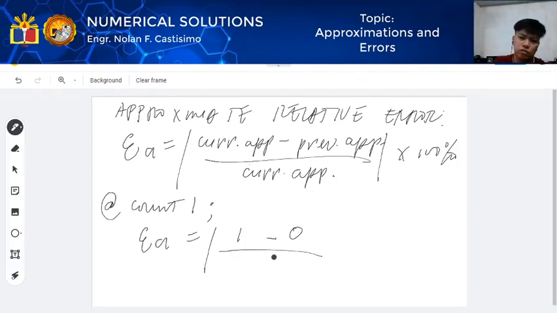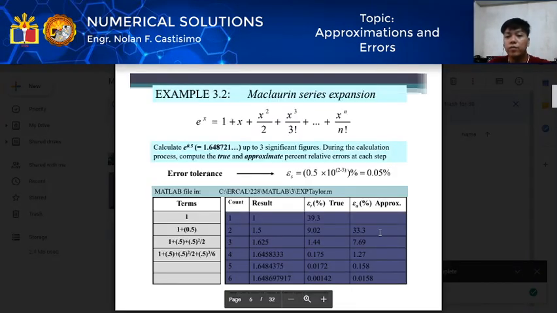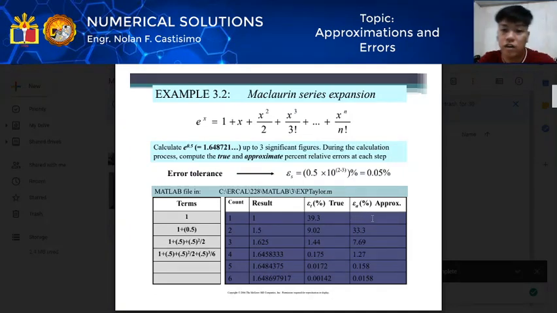Okay? Yung 1. So, absolute value of 1 minus, wala tayong previous approximation. So, ilagay natin 0. Sige, try pa rin natin. So, current approximation, 1 times 100. So, ano kayo lalabas dyan? Okay? 1 minus 0 divided by 1 times 100. So, wala. Diba? Wala tayong error kasi 100 pa rin yan. Kaya, yung nilagay dito, naka-blank yan, kasi walang error.